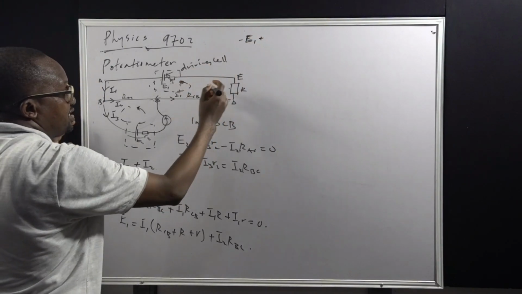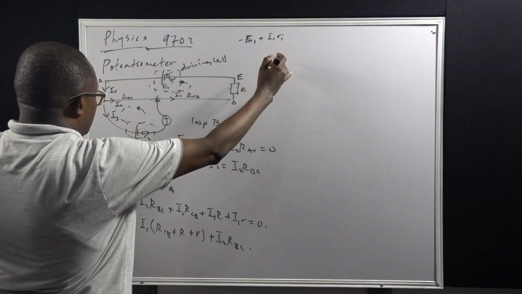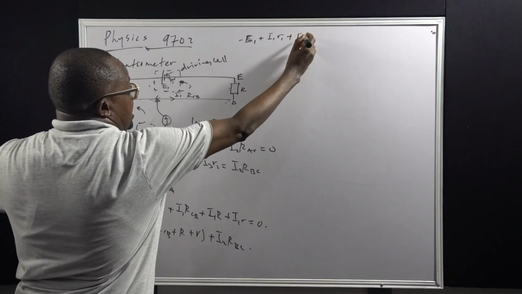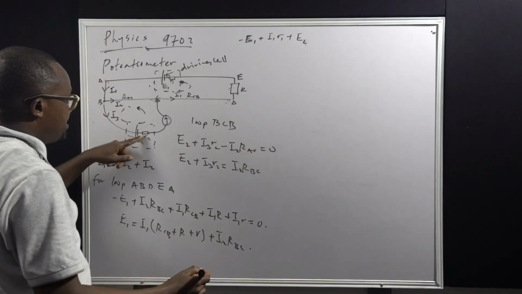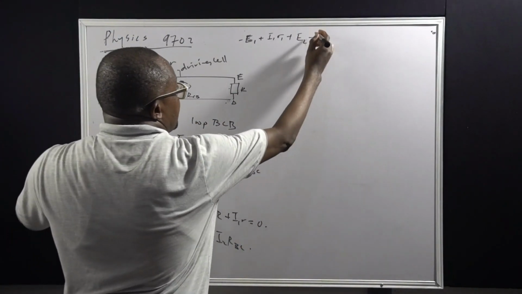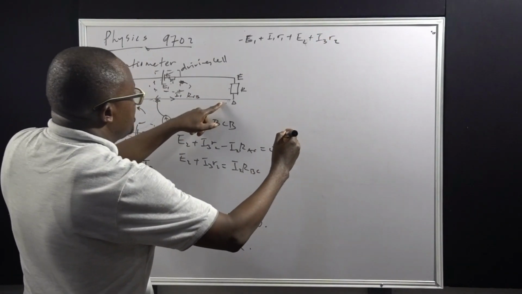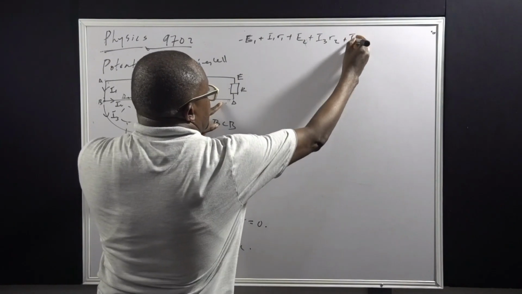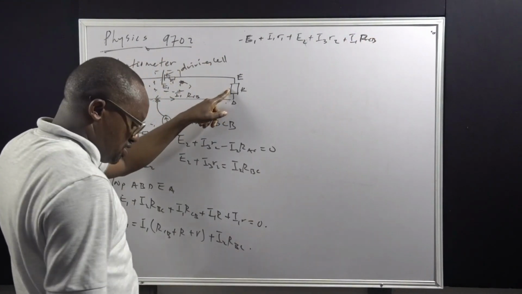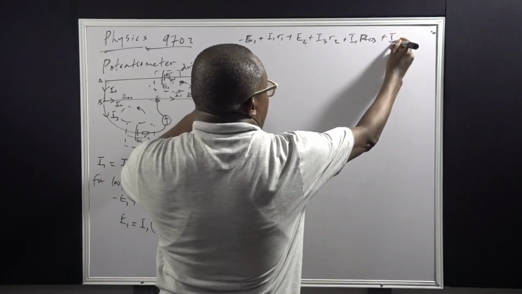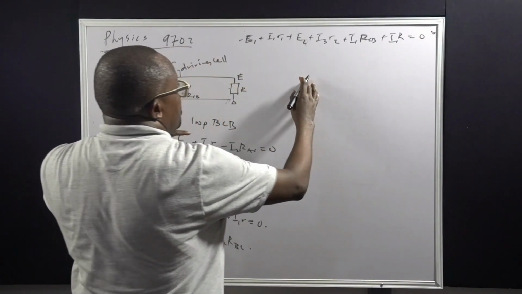Okay, now if you take the bigger loop, I'm going to have minus E1 plus the PD across the internal resistance I1 R1, plus E2, plus the PD across R2, which is I3 R2, plus the PD across R_CB, plus I1 R_CB, plus the PD across R, plus I1 R is equal to 0.